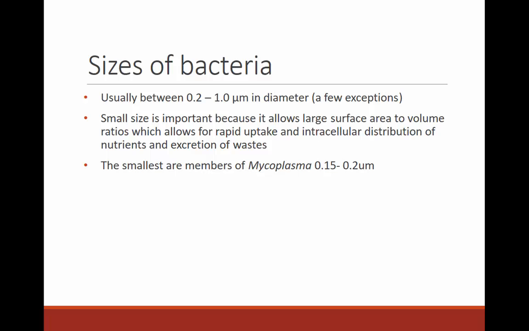Okay, so it's the surface to volume ratio. Not only can those small cells take in nutrients, they can get rid of waste really easily, because you don't want waste to be building up in the cell itself. And the smallest bacterial cells are below about 0.2 micron.